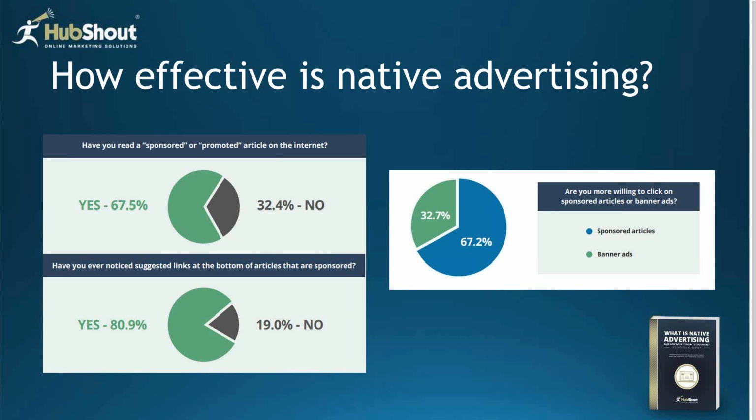Another interesting response here was: are you more willing to click on sponsored articles or banner ads? And this is really a powerful stat for, I think, where native advertising is going to go. Only 32% said that they would click on banner ads. Most said they would prefer, 67.2%, to click on a sponsored article before they did a banner ad.